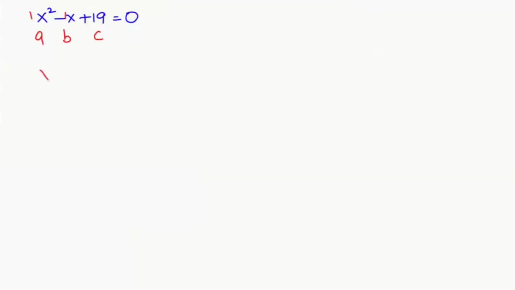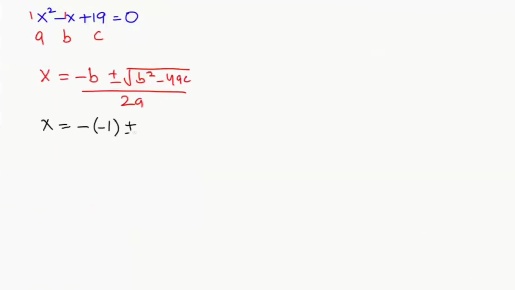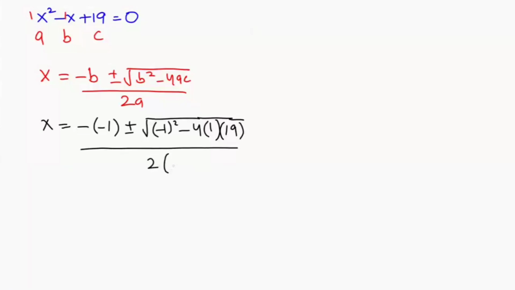And the formula we have is x = (-b ± √(b^2 - 4ac)) / 2a. Now I'm going to plug in the a, b, c values here. x = (-(-1) ± √((-1)^2 - 4(1)(19))) / (2·1).